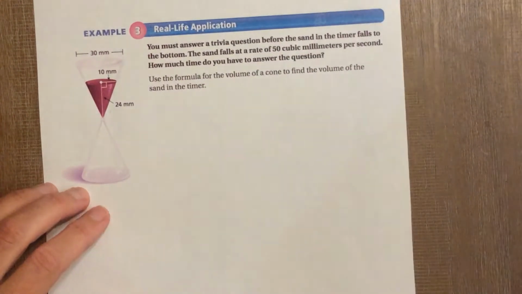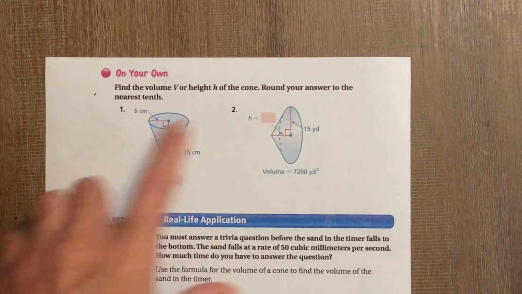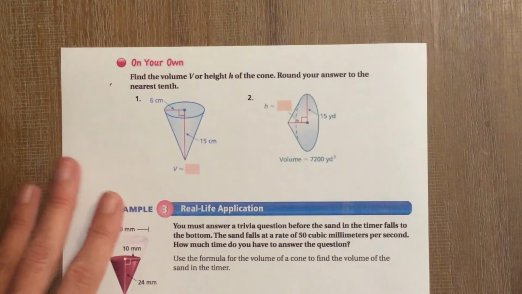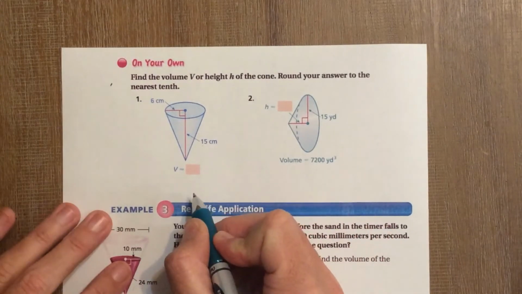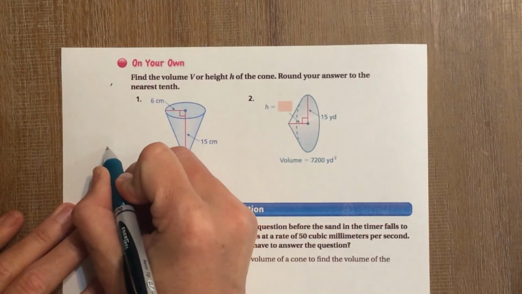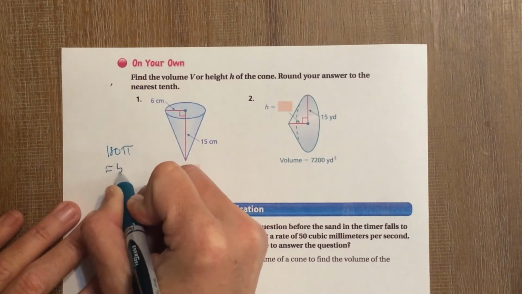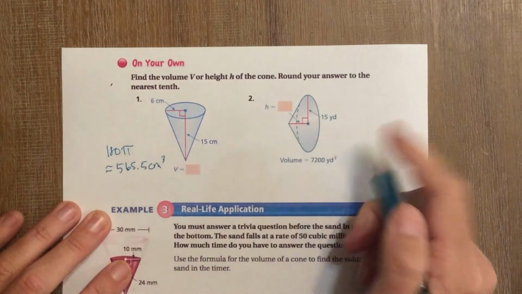All right, here are a few problems for you on your own, just like examples 1 and 2. I'd really love it if you paused it and gave these two a try. Okay, so hopefully you have paused it. The answer to number 1: the volume is 180 pi, and that is about 565.5 centimeters cubed.